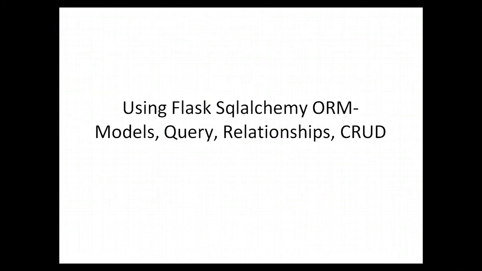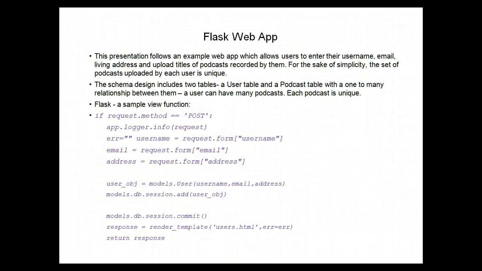So now we'll move to some examples that tell us a little bit more about how we can define models, create relationships between tables, and do the basic CRUD operations, and make queries into the database and see the results. This presentation follows an example web app which allows users to enter their username, email, living address, and upload titles of podcasts recorded by them.